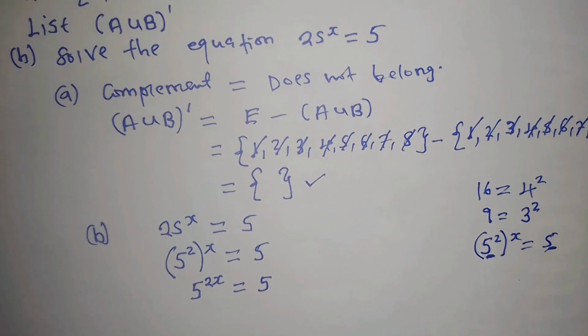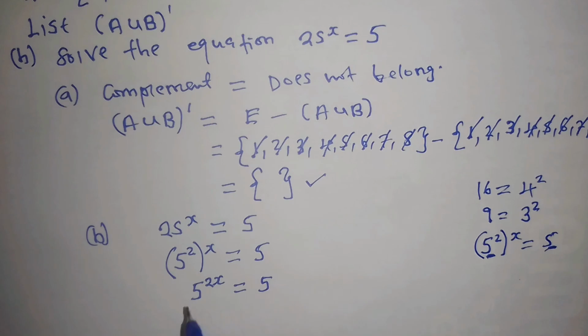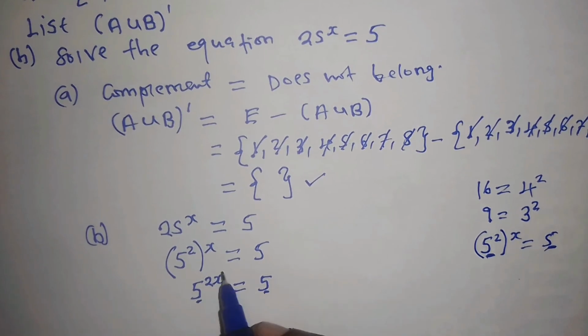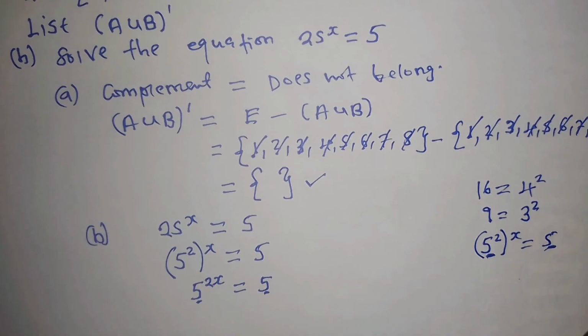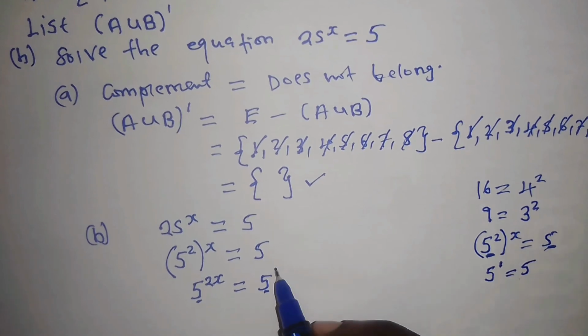Now from there, because these bases are the same, we also assume that the powers are equal. So we know that anything to the power 1 is that thing. So obviously this 5 has a power of 1.